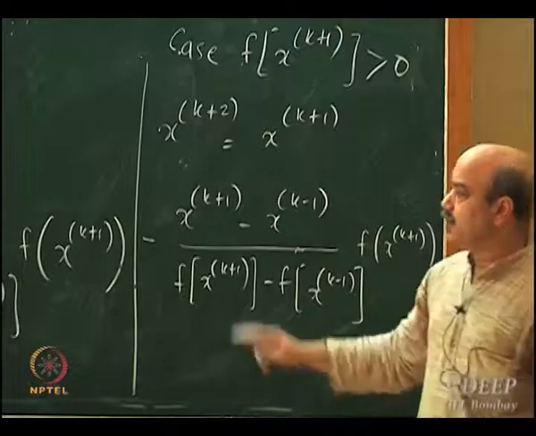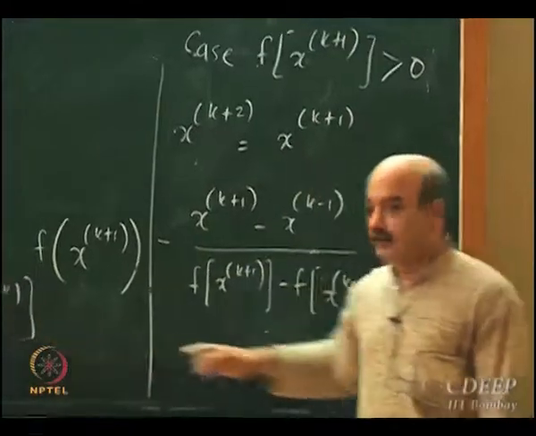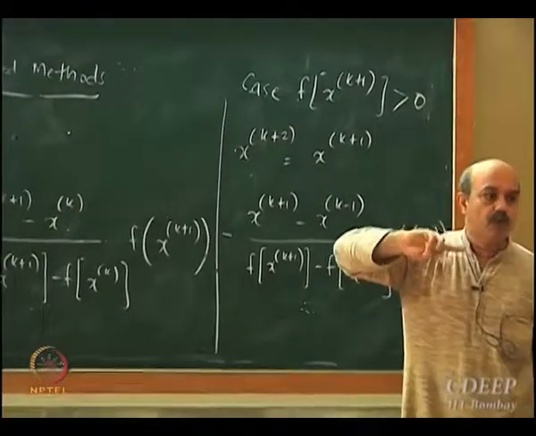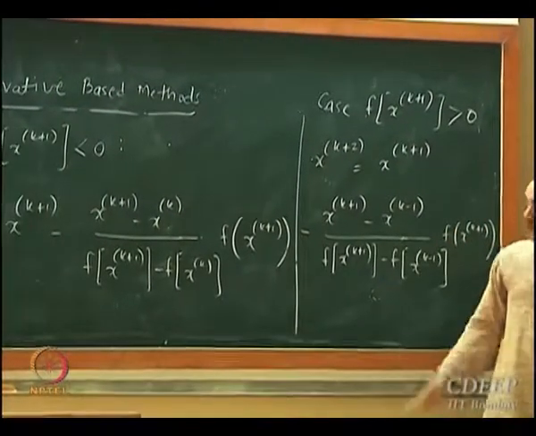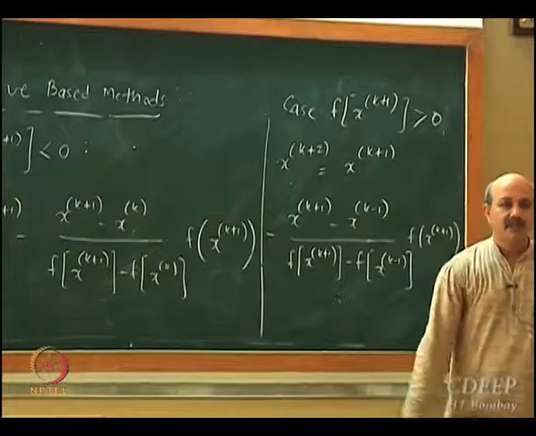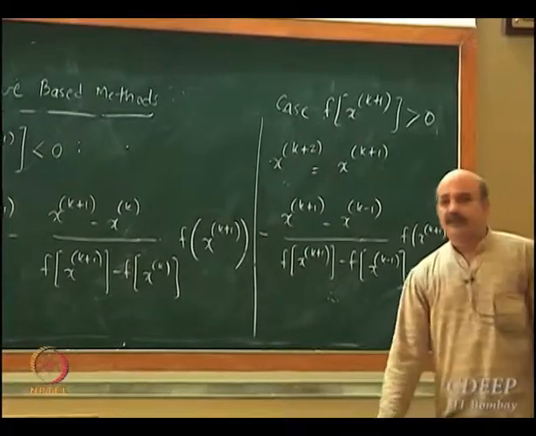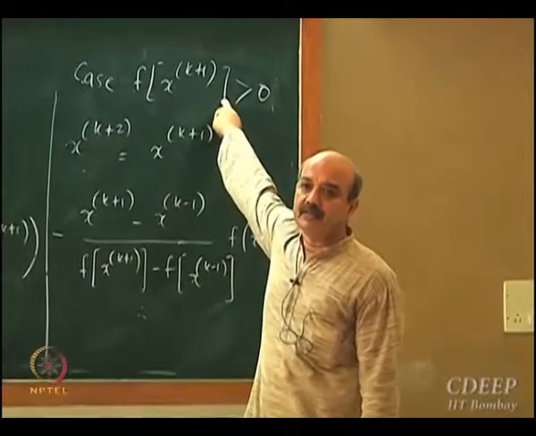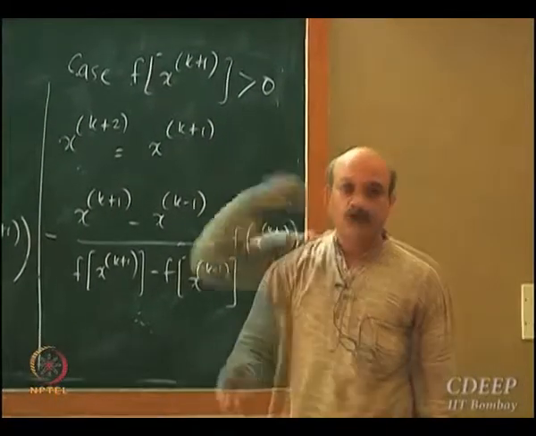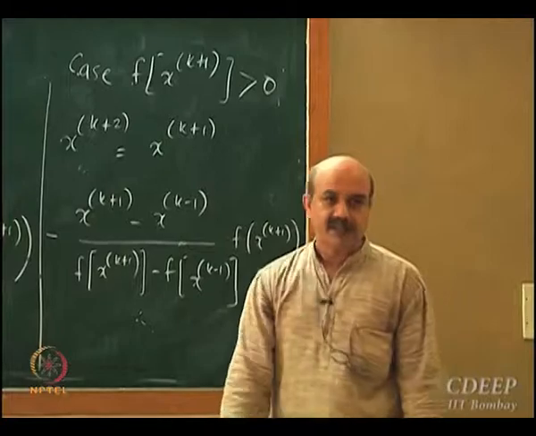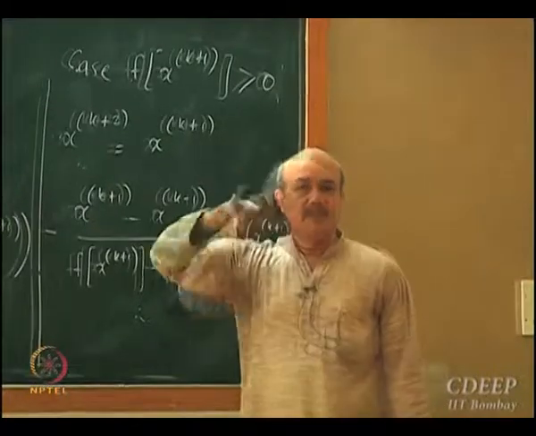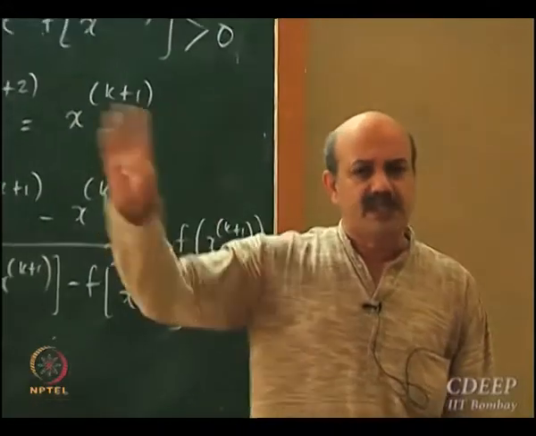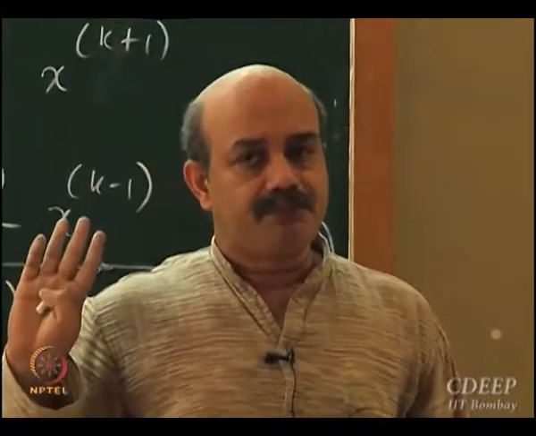So whether you use xk or xk minus 1 when you move forward to compute the derivative approximation will be based on the sign of f of xk plus 1 which you get. When you go for the new iteration calculations, you keep checking the sign, and based on the sign you make a judgment as to how to proceed further. So this is the regula falsi approximation.